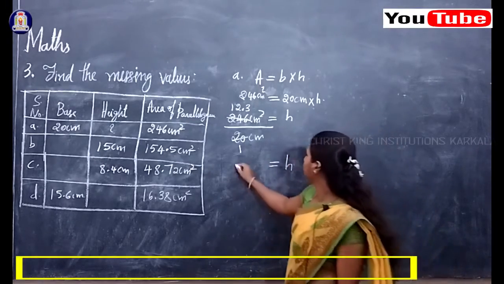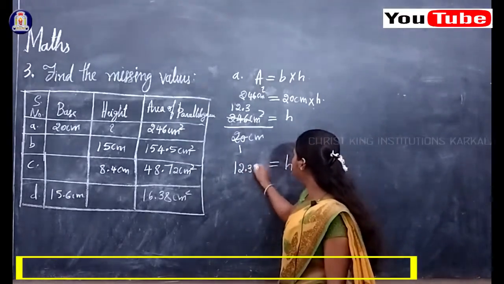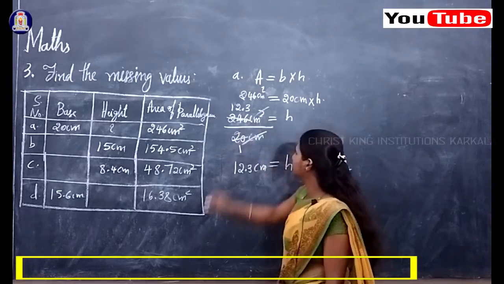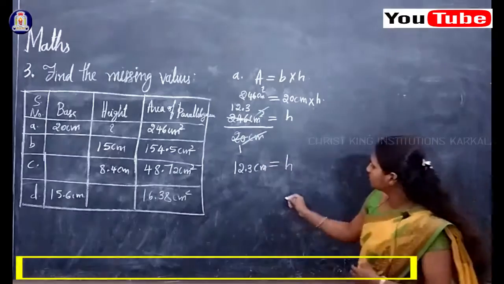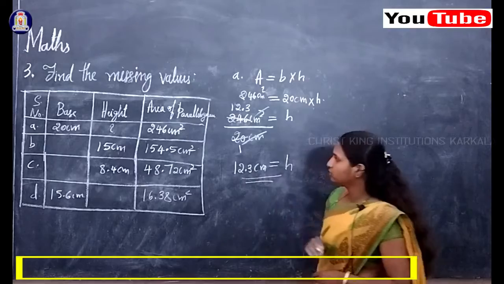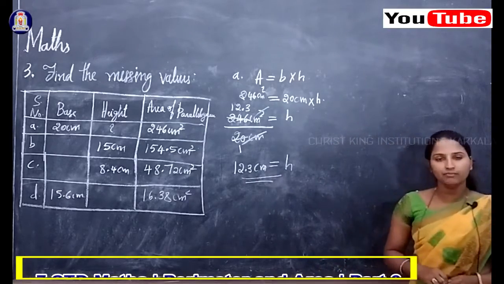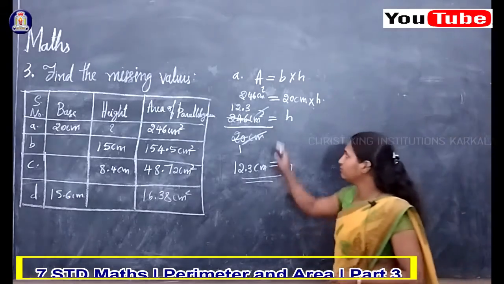So the answer is 12.3 centimeter. Centimeter and centimeter cancel. So the height of the parallelogram is 12.3 centimeter. This is the first one, A.